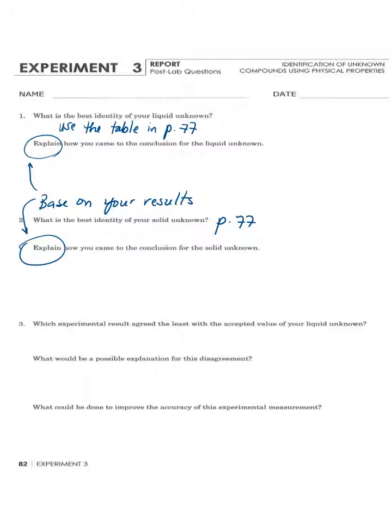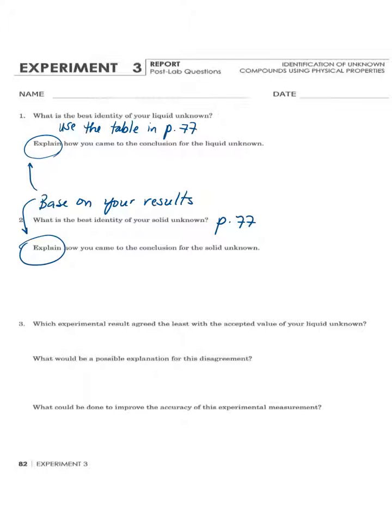To determine which liquid and which solid you have, you have to look at the table on page 77. You're going to compare your results, and based on your comparison, you're going to identify your solid and your liquid. When you're identifying your liquid, the solubility is the least accurate one. You're looking at how your liquid dissolves in other liquids, so sometimes it's very hard to identify whether it is partially soluble or insoluble.